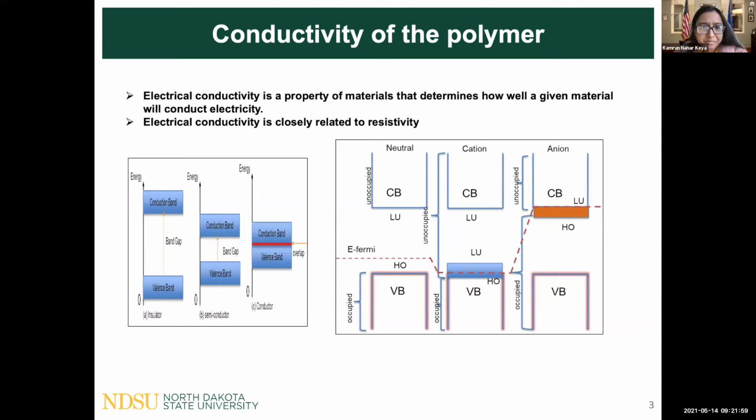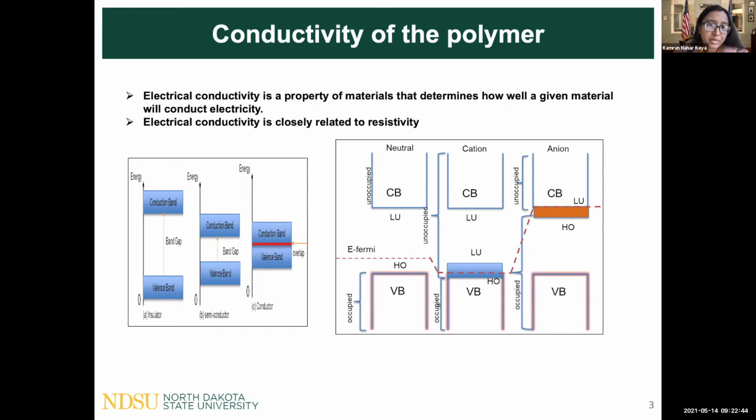In the first one, the neutral state, it is in a semiconductor state, because the valence band is occupied and the conduction band is unoccupied, and there is a band gap. We are able to see the band gap. When we remove some electrons from the valence band, then we are able to see that the LUMO is near the valence band, and they overlap with each other.